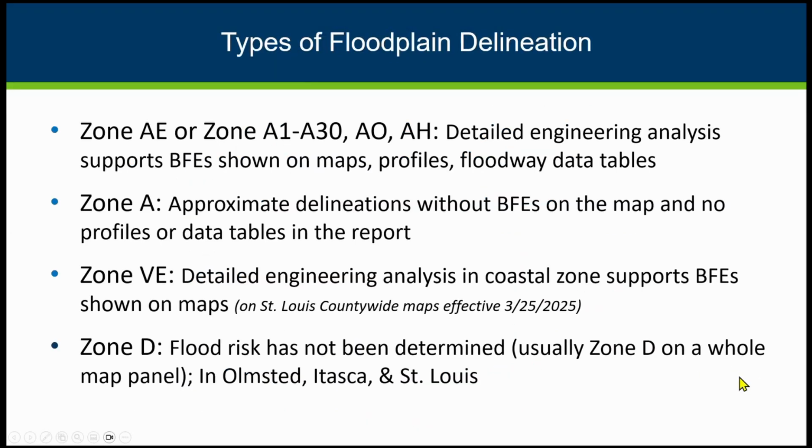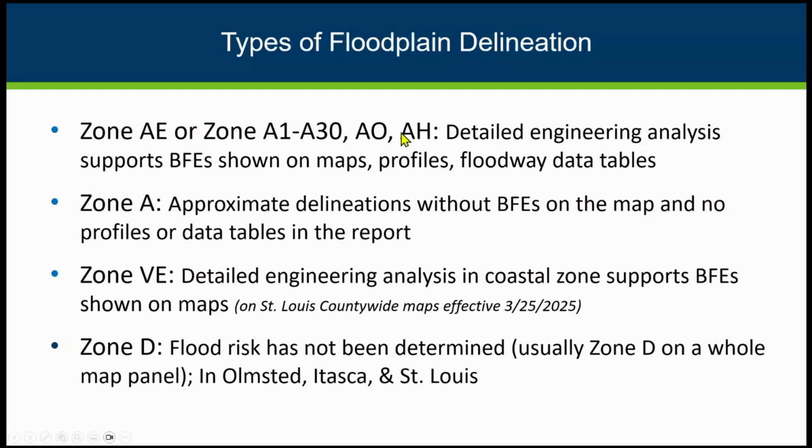And a reminder of what the zones are. We've been talking about the detailed study in the map history, the detailed with the elevations on the maps, or the older versions where they use numbers. There's zone AO, which is an overland flow kind of area, and the maps will just show a depth of flooding, 1 foot, 2 foot, or 3 foot of depth.